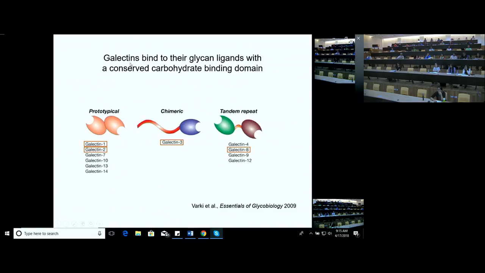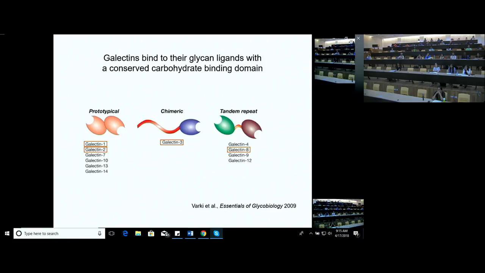You may be familiar with the term lectins, which are plant proteins that bind to carbohydrates. And these are basically animal lectins. They're endogenous lectins of animal tissues, and they also bind carbohydrate ligands. And the ligands that they bind on the cell surface always end in a galactoside, a beta-galactoside.